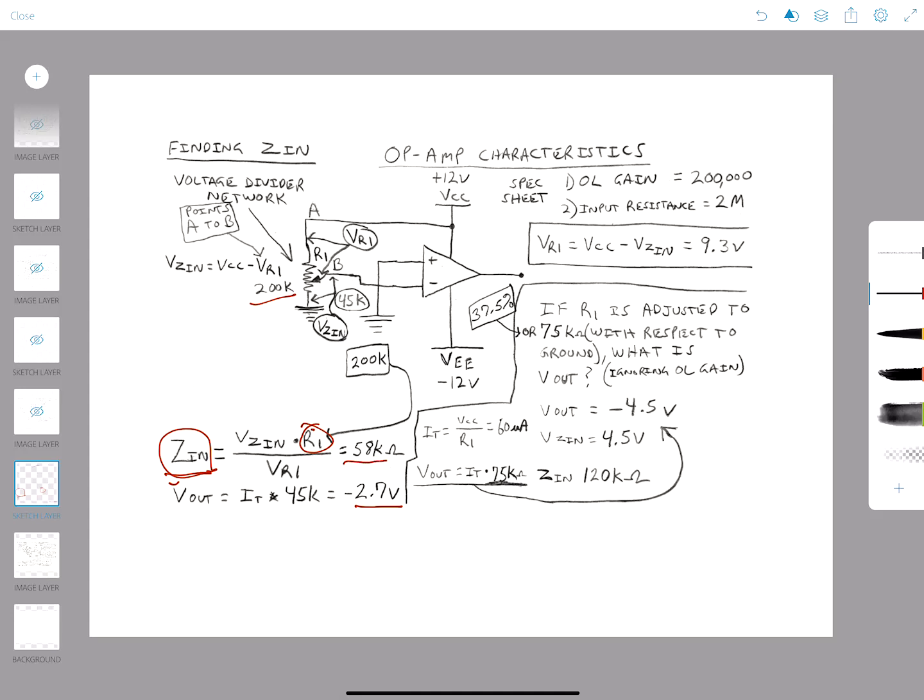If we plug those into our formula, we get a Zn of 58 k ohms. This is the impedance that the op amp sees coming into the op amp itself. So that's how much resistance our op amp actually feels on the input. And that is how we calculate for Zn.